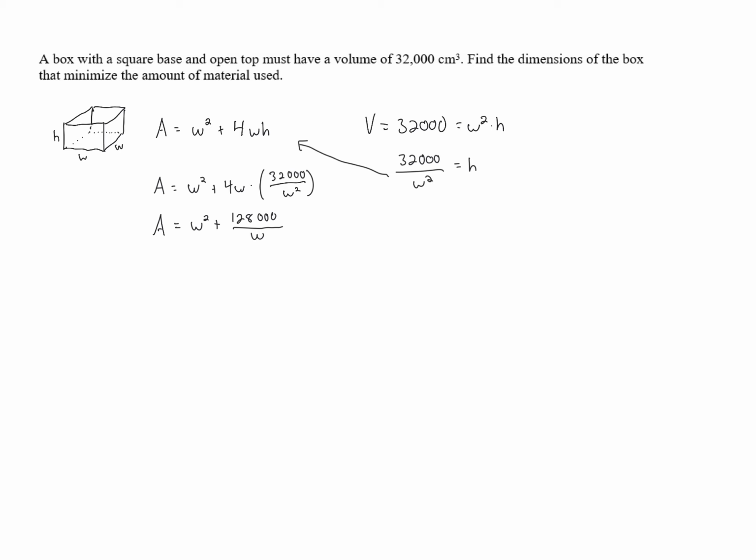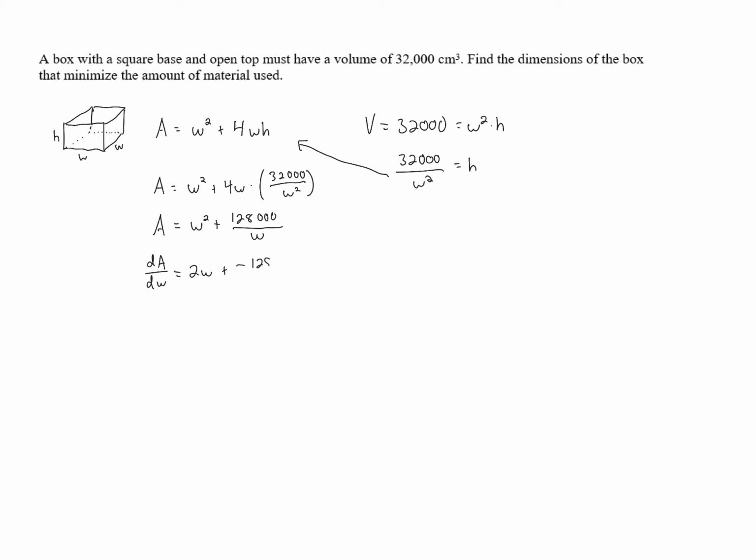If we want to differentiate area with respect to width, that's going to be 2w plus, remember the derivative of w to the negative first is negative 1w to the negative second. So that's going to give us a negative here.